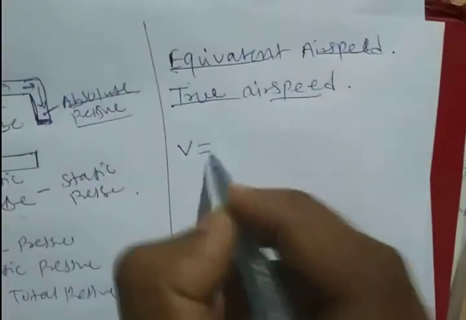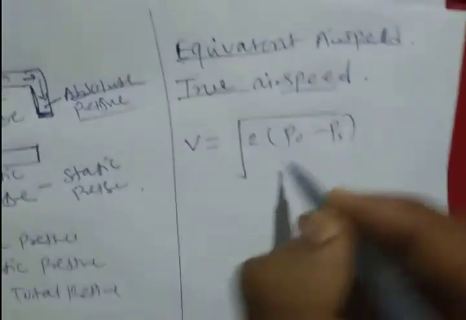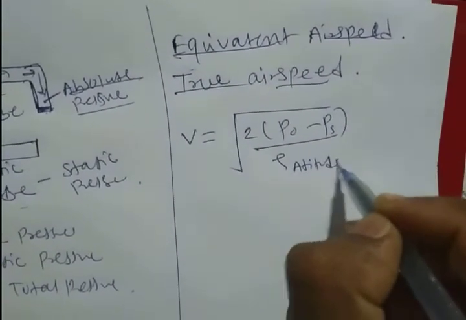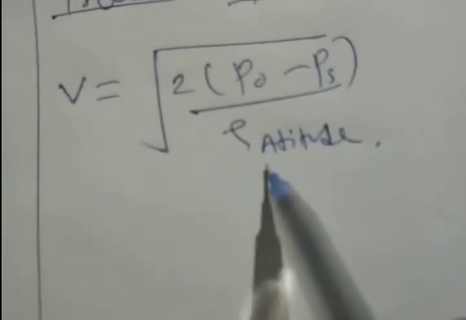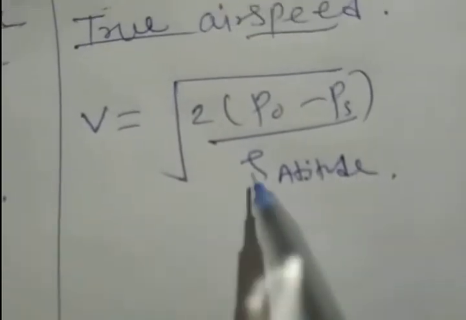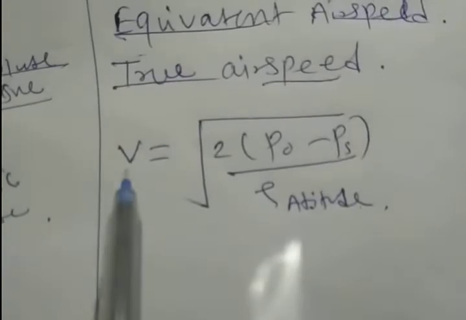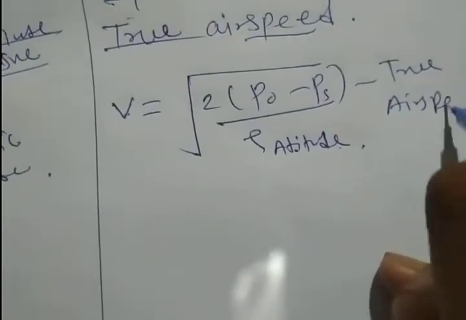So V equals the square root of 2 (P naught minus PS) by rho at altitude. This rho will be the density of the atmosphere or air around the aircraft at that altitude. If we keep the local density, the V we get will be our true airspeed.